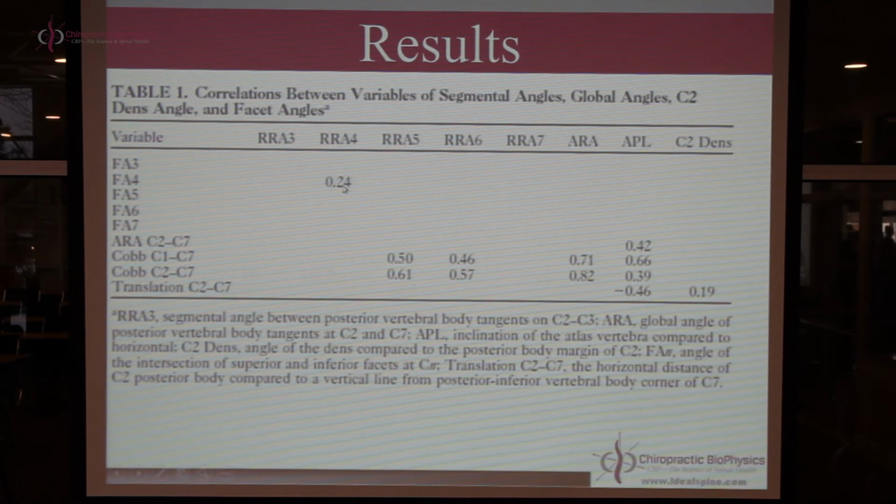Weakly correlated. The other ones, they're not correlated at all. So facet angles are not correlated. In fact, this is the only weak correlation we found: C4 facet to C4 relative rotation angle. None of the other variables were correlated whatsoever.